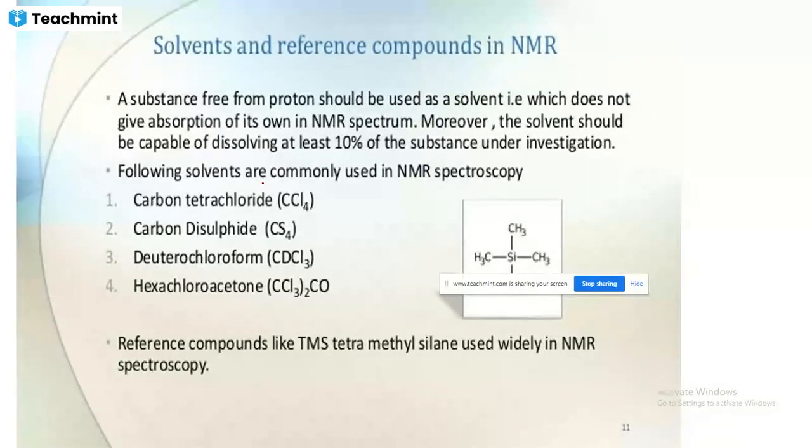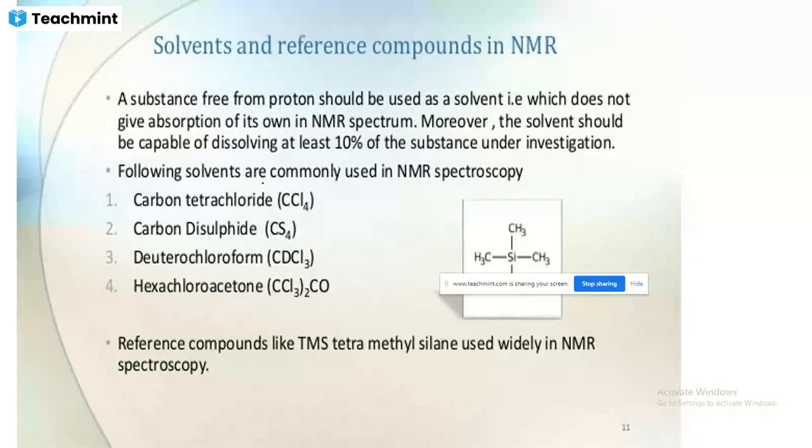A substance free from protons should be used as a solvent, which does not show absorptions in the NMR spectrum, does not create any disturbance in the spectrum. That type of solvent is used as a reference standard and standard solvent for PMR.